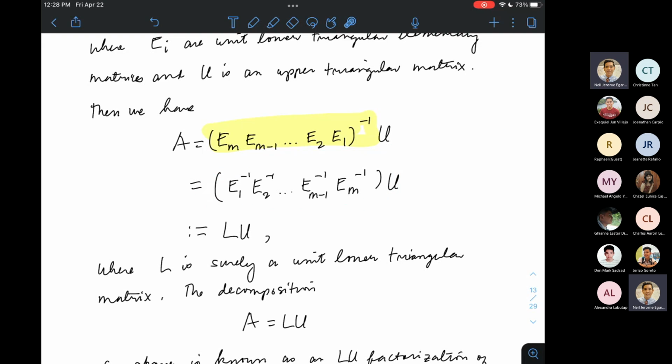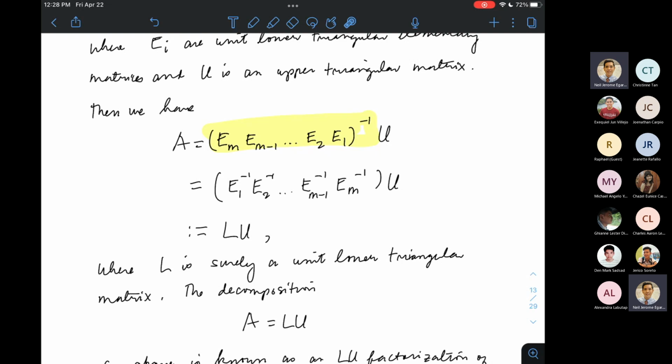The only requirement is that L should be a lower triangular matrix. Okay? But we know that E1 is a row translator, so it's a unit lower triangular elementary matrix. Ang inverse niya ay magiging unit lower triangular elementary matrix din. So bawat isa rito ay unit lower triangular elementary matrix.